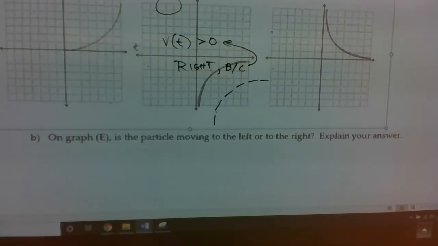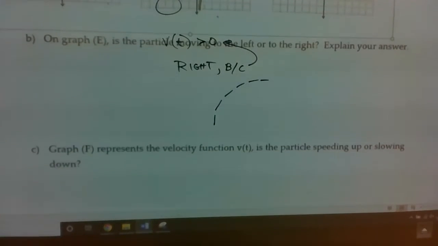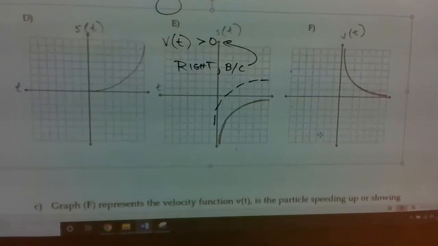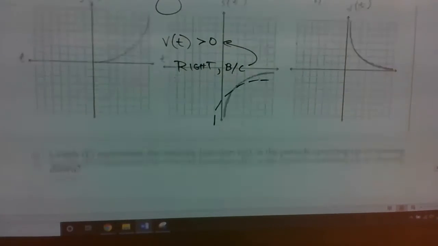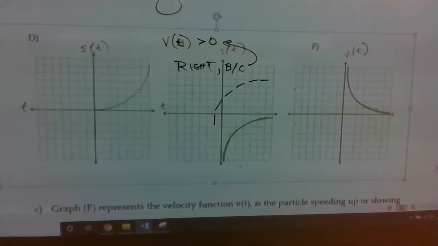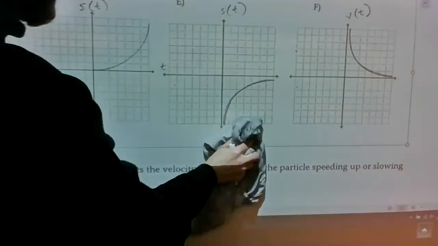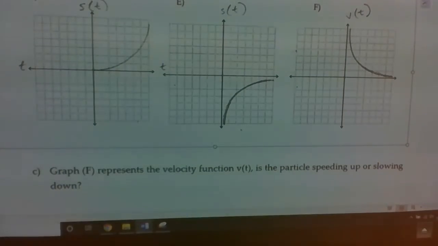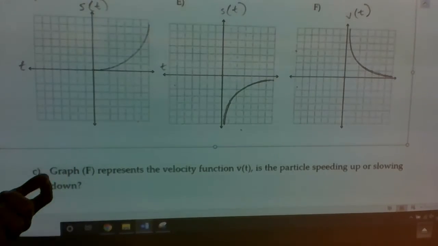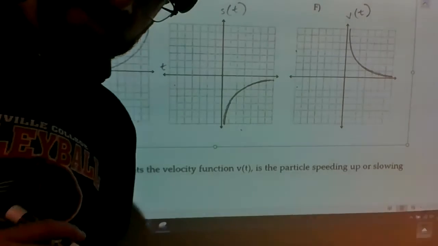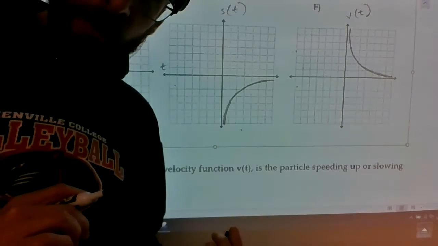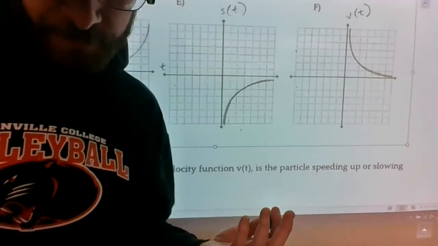For our last one, if I can get this to move properly. All right, I think that'll do it. Graph F represents the velocity function, and it's asking us whether or not it's speeding up or slowing down. So same question that we had on part A, it's just you're not given position.